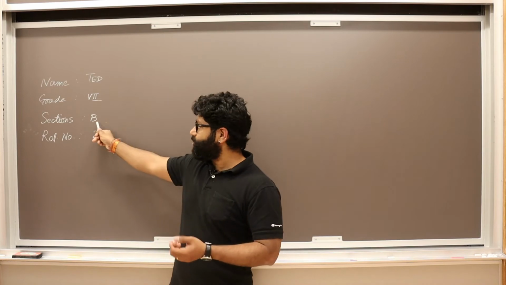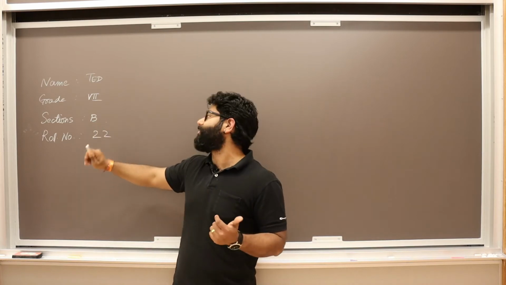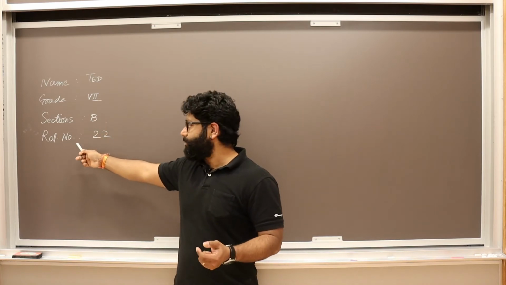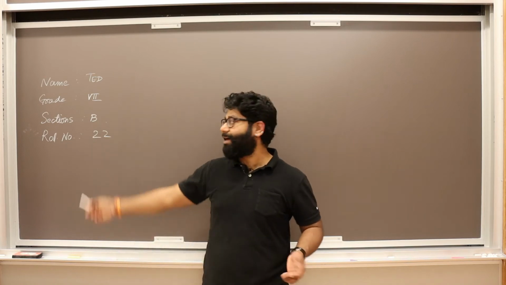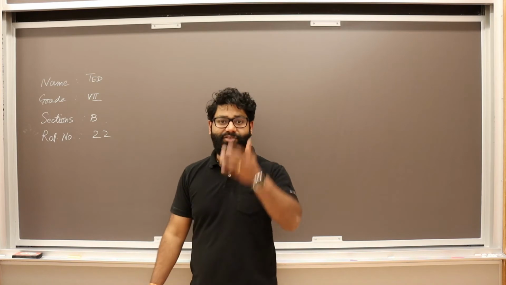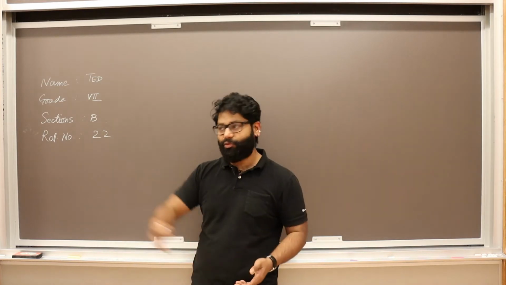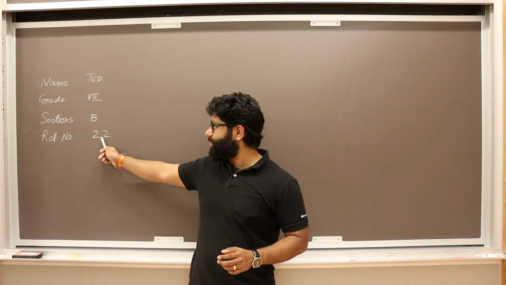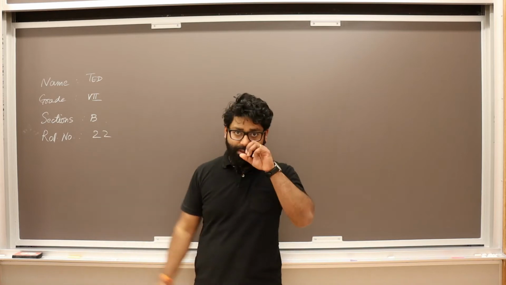Also, there will be many students who will have the same roll number, like every grade, every section will have certain sets of roll numbers, going from 1 through whatever. So there will be many students in the school who will have roll number 22.